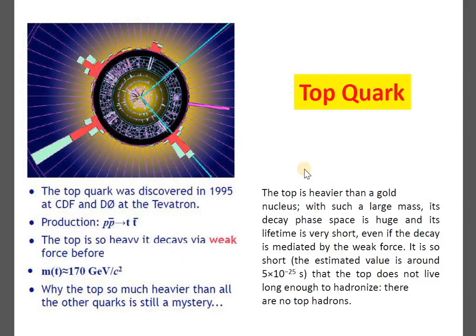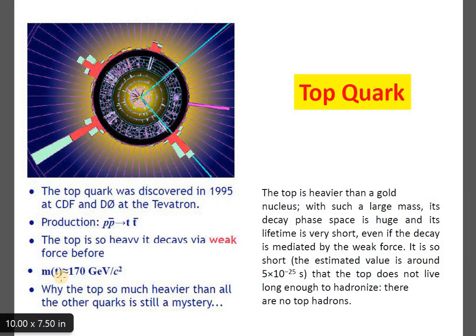Regarding the top quark, it was discovered quite late compared to the other quarks. It was discovered in 1995 through two different experiments, and it decays by the weak force. One thing to note, it is the heaviest quark of all of them, and why it is so heavy is still a mystery.